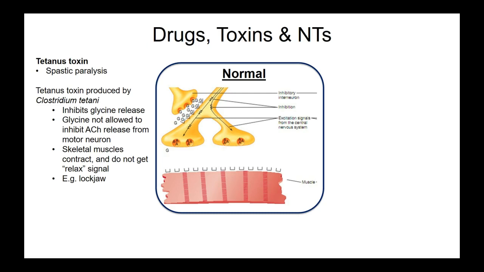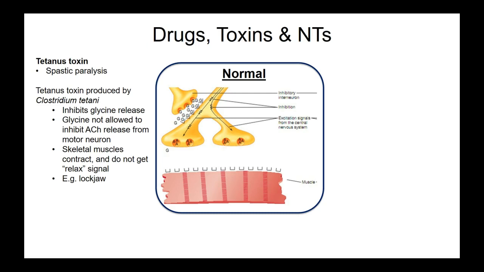So if you take the brakes off, what ends up happening? Do we get more or less acetylcholine released? More, right? So we get more than we should. What happens to the skeletal muscle in that case? Is it going to stay more contracted or more relaxed? More contracted, right? That's exactly what happens.